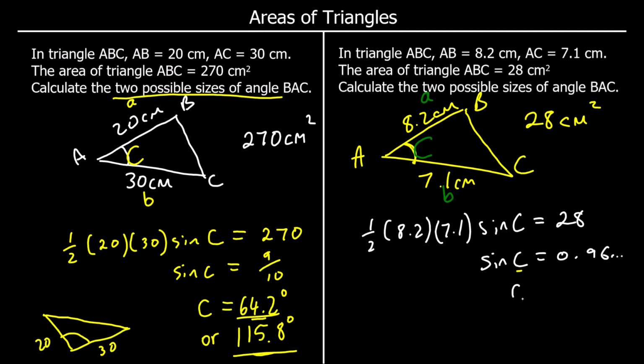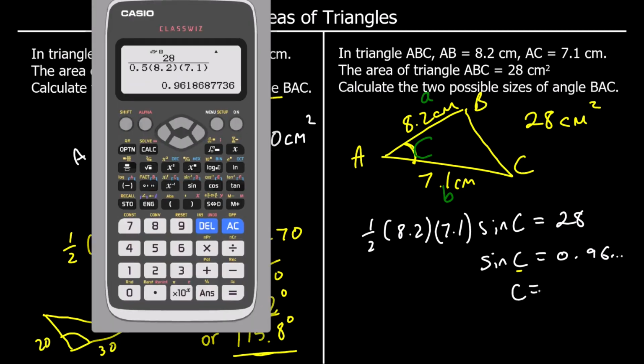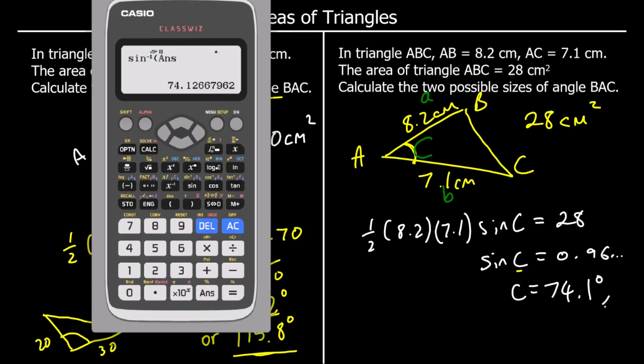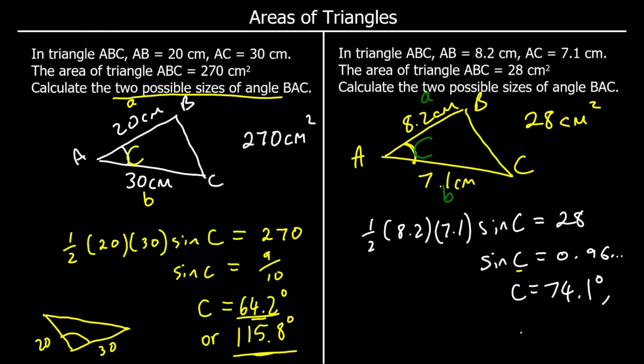Shift sine of the answer. It's going to give us the acute angle, 74.1. But there'll also be another triangle with the same area that's got an obtuse angle. So if we do 180 minus the first answer, for sine we get the second answer, 105.9.